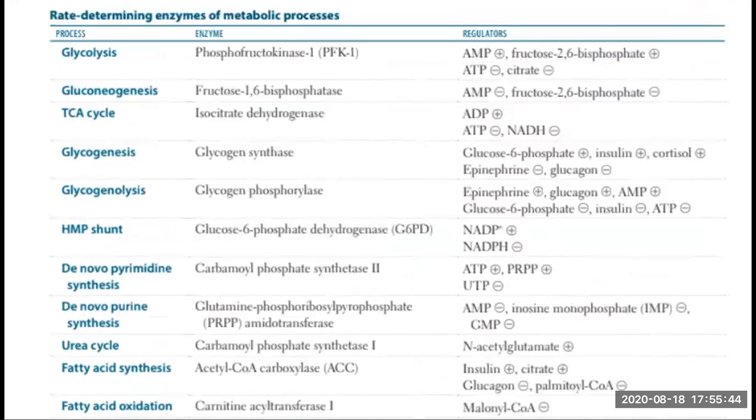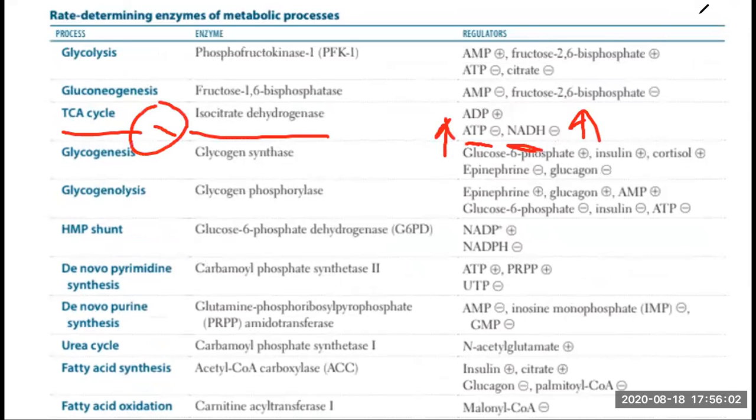Here you see TCA cycle, isocitrate dehydrogenase, and if you have more ATP or more NADH, you will inhibit this cycle. You don't want this cycle, because you already have high energy molecules. But if you have a low energy molecule, this cycle will promote. So it is the same concept as glycolysis, as glycogenolysis. Same concept is applying over here.